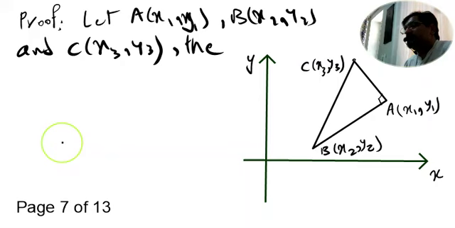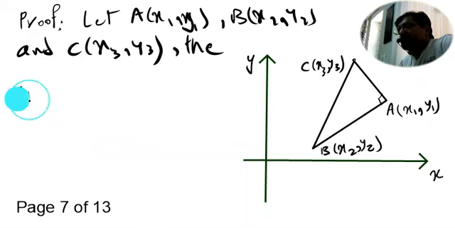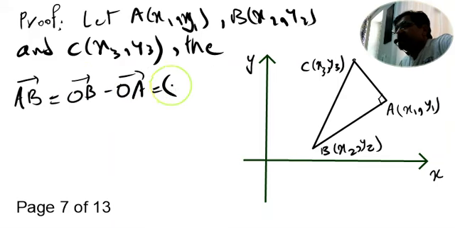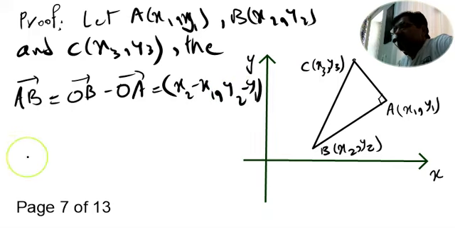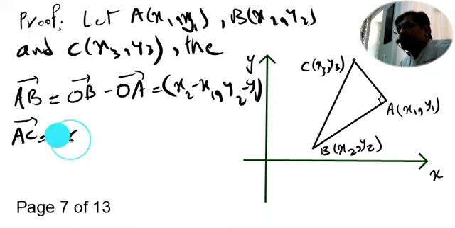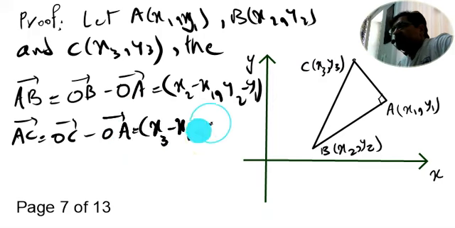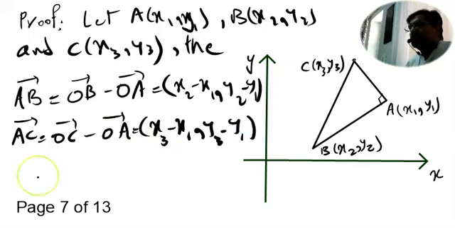Then we have AB is OB minus OA, that is (x2 minus x1, y2 minus y1), and AC is the vector OC minus vector OA, that is (x3 minus x1, y3 minus y1).